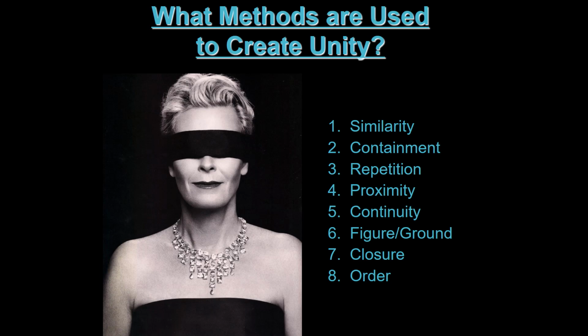We're using the garment, the black garment, and that eye mask once again to pull the background into the foreground. It almost looks like the background is the eye mask, the background is the garment, and it's reaching out and hugging this woman. And that gives us this sense of unity, that they belong together. We use closure as well.